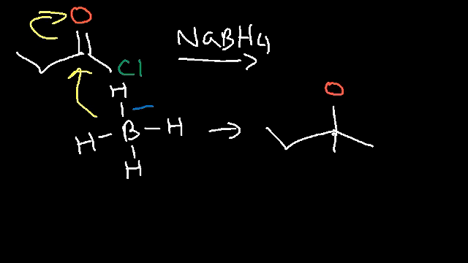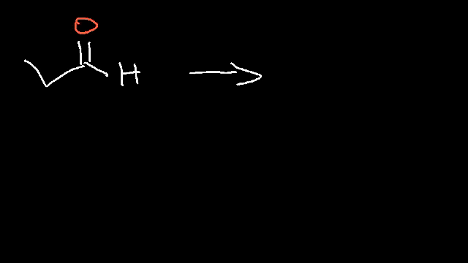So right now we have a tetrahedral intermediate. And here's the hydrogen that we added. So in this step, the chlorine is going to leave and we're going to have an aldehyde product for the moment. Now the aldehyde is fairly reactive, and so it's going to react with sodium borohydride again.